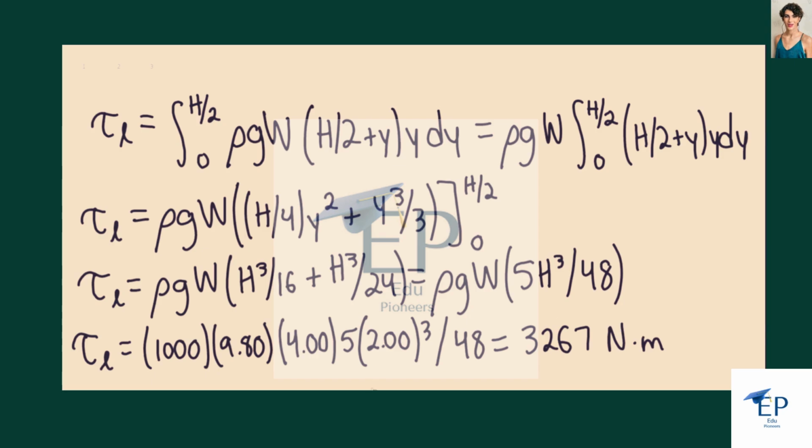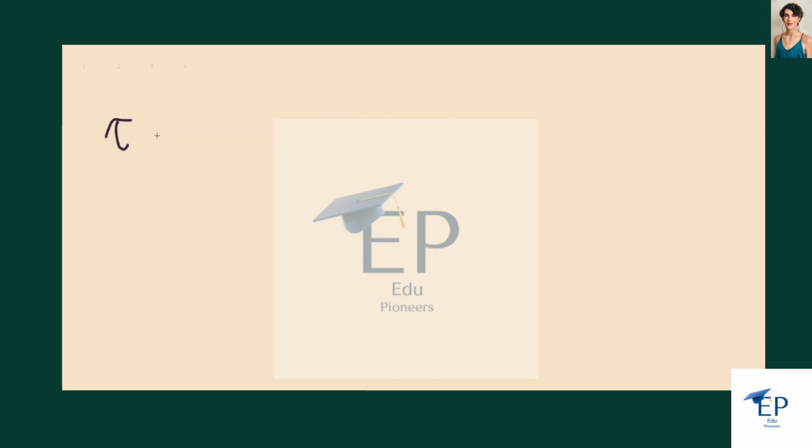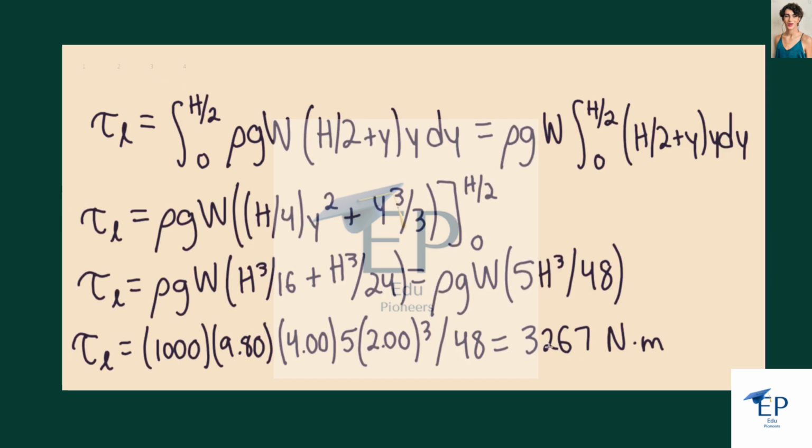Now, the total torque, tau, would be the torque on the lower half minus the torque on the upper half, according to the sign conventions. My apologies, I said 3,267. It's actually 32,670. I misread.